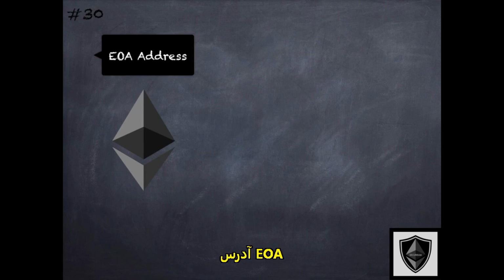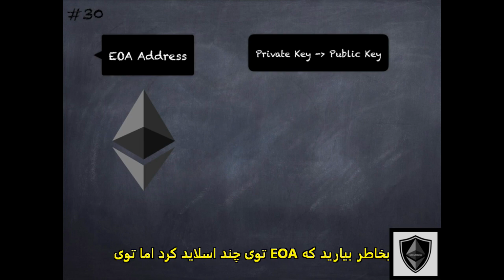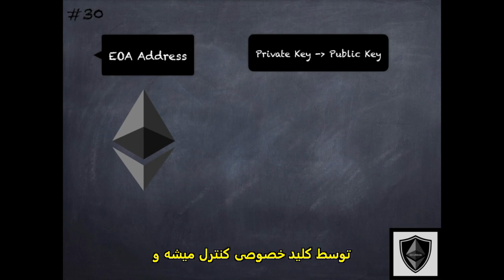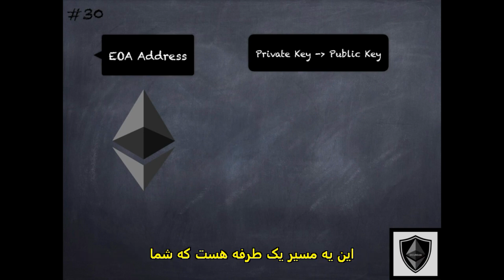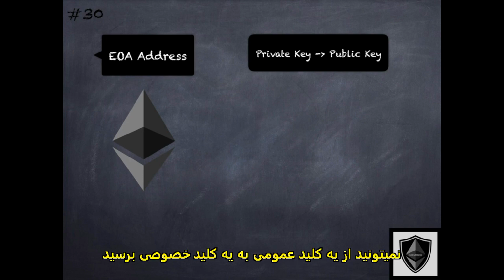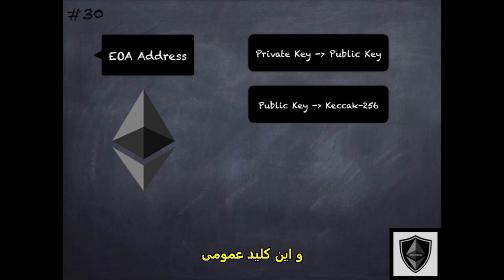Externally owned account address. We touched upon this in some of the earlier slides, but recall that an EOA is controlled by a private key. And the private key is used to derive a public key. Right? It's a one-way derivation. You cannot go from a public key to a private key, but you can go only from a private key to a public one. And this public key is hashed using the Keccak 256 cryptographic hash function that we just talked about.